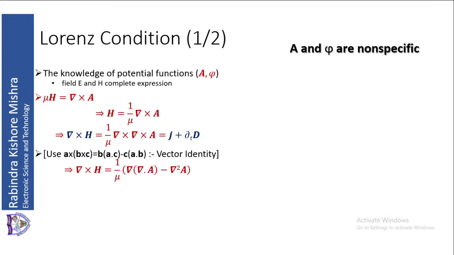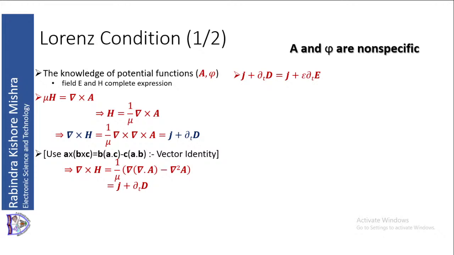So curl of curl A will be the gradient of divergence of A minus del square A. So curl H is equal to 1 upon mu gradient of divergence of A minus del square A. So now that will be equal to J plus dot T operating on D, because curl H is equal to J plus dot T operating on D.